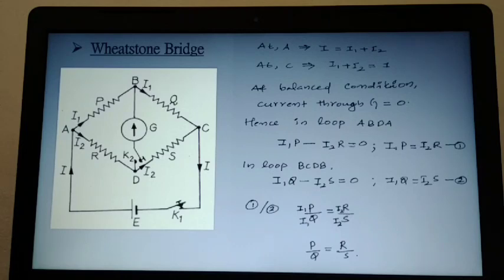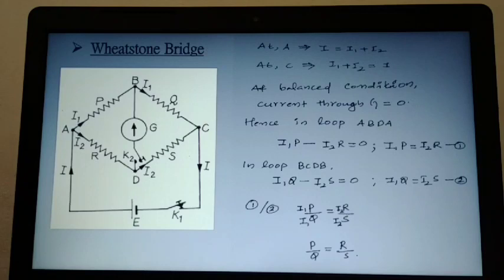B to D you are moving, no current is flowing, so no Ig into G term will be there, because Ig is equal to 0. Then from D to C, you are moving along the direction of I2, so that I2 is negative, so minus I2 into S. So the left hand side, that is sigma IR terms, are I1 into Q minus I2 into S. No more resistance and current is there in that loop BCDB.